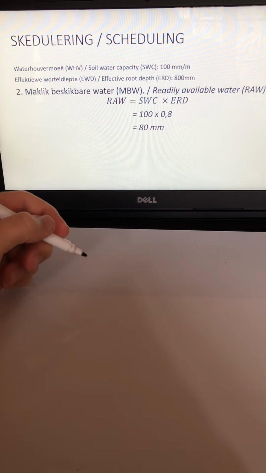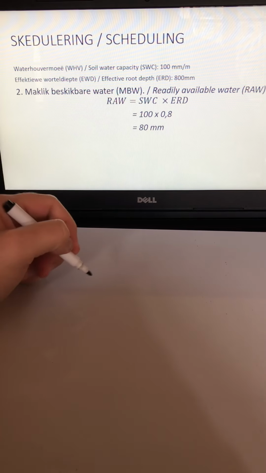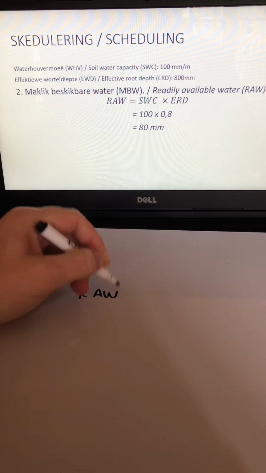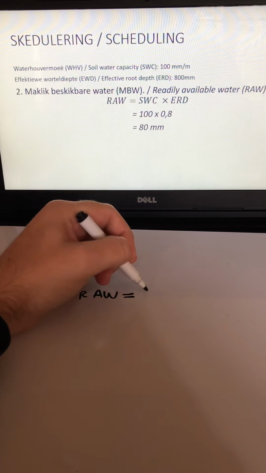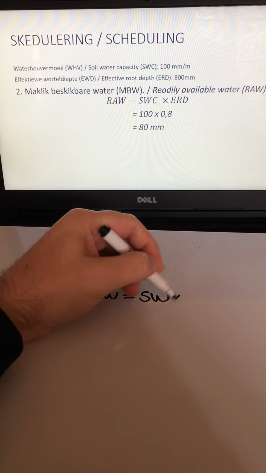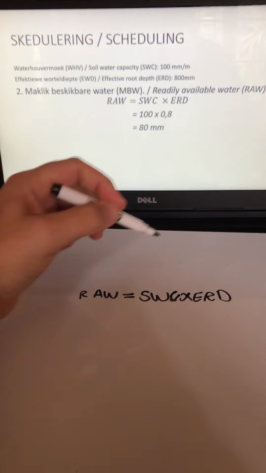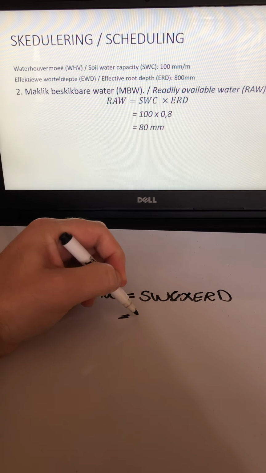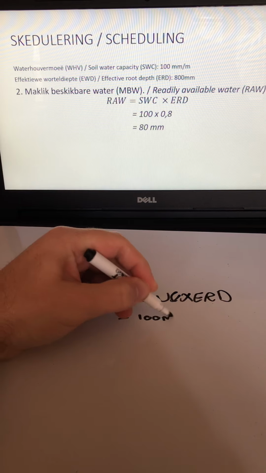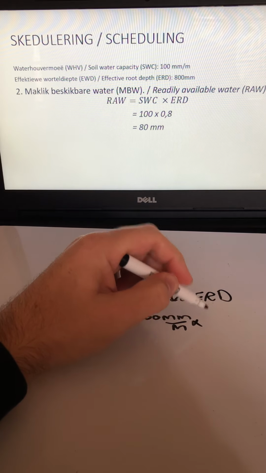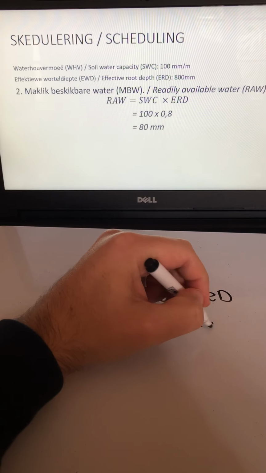So to calculate the readily available water, you can say readily available water equals soil water capacity times the root depth, and it will be 100 millimeters per meter multiplied by 0.8 meters.